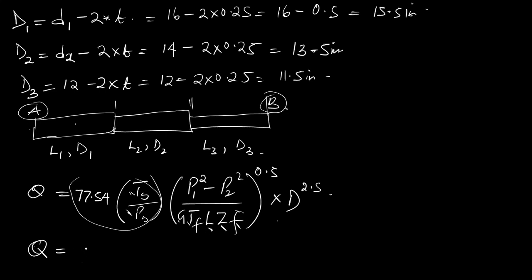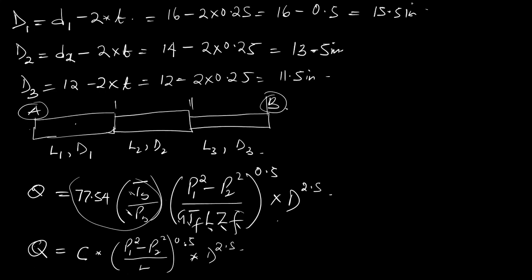So we will not just lump all of them as C times P1 square minus P2 square all over L, all raised to power 0.5, times D raised to power 2.5. So this is what it will now become.